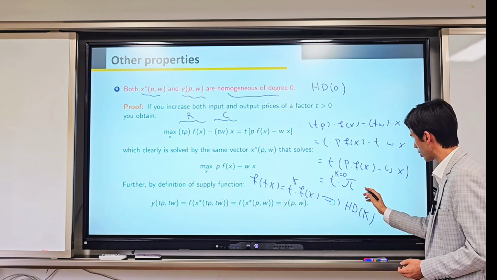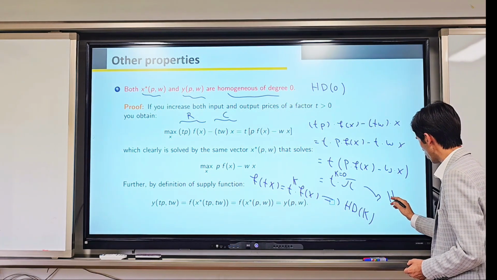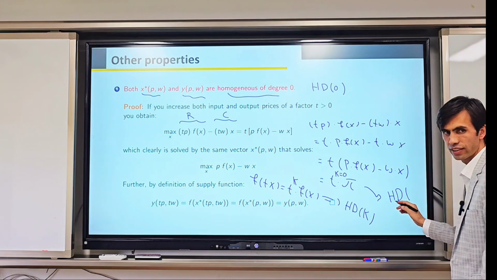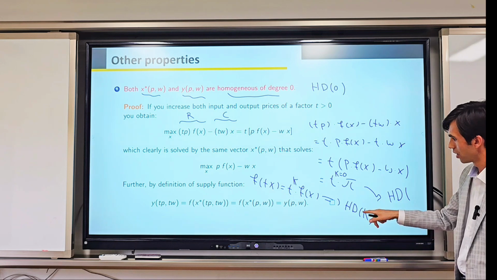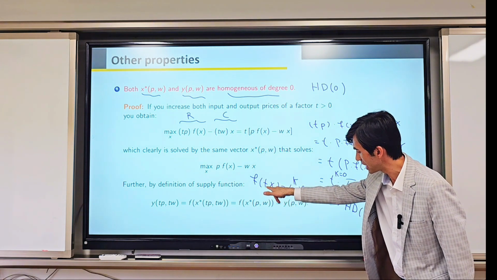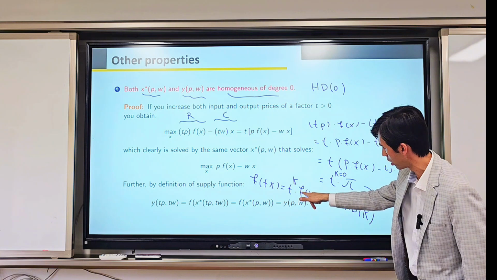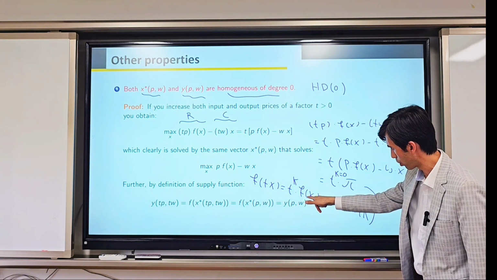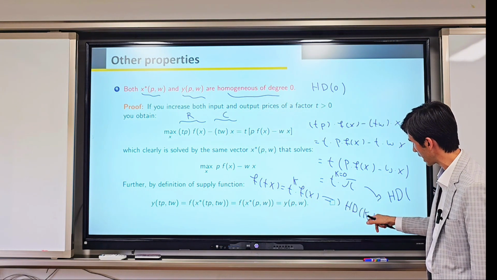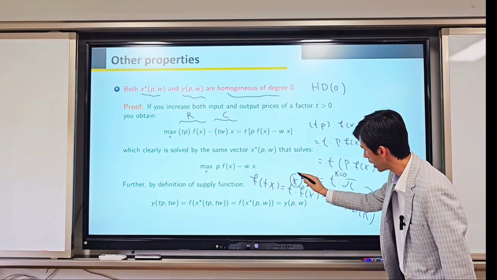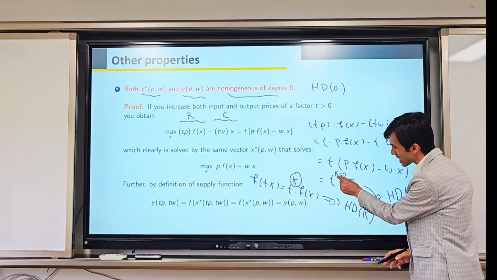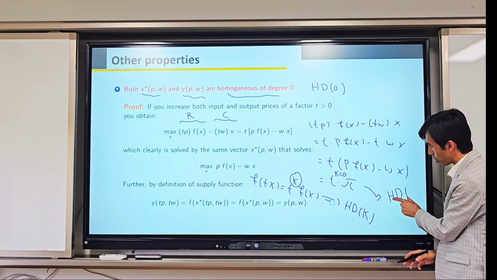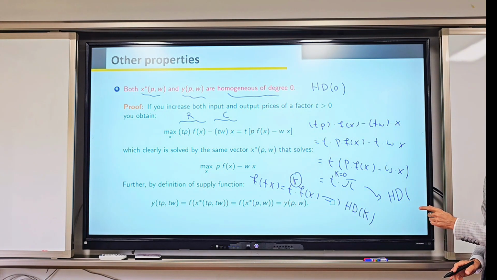Then when k is equal to 0, this is homogeneous of degree how much? As I said, when f(tx) is equal to t to the power k multiplied by f(x), then it's homogeneous of degree k. But here k is equal to 0.